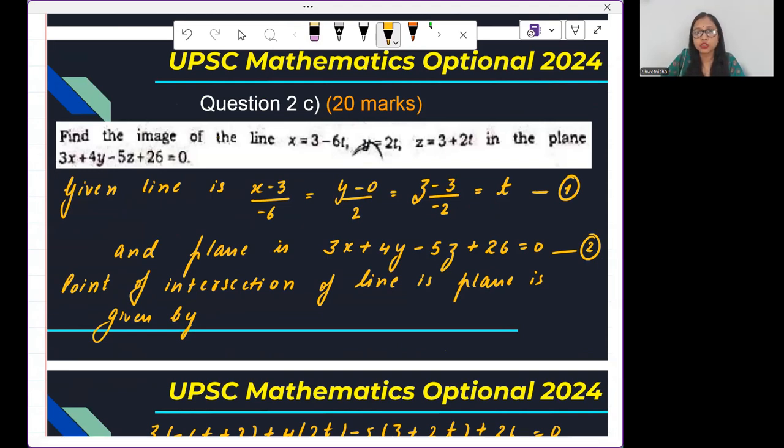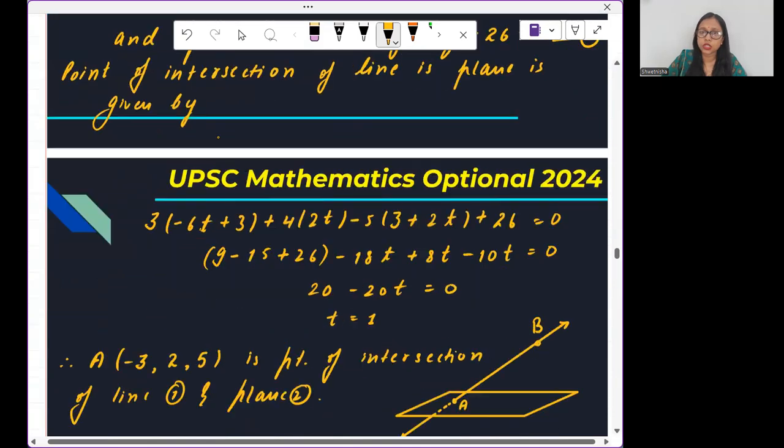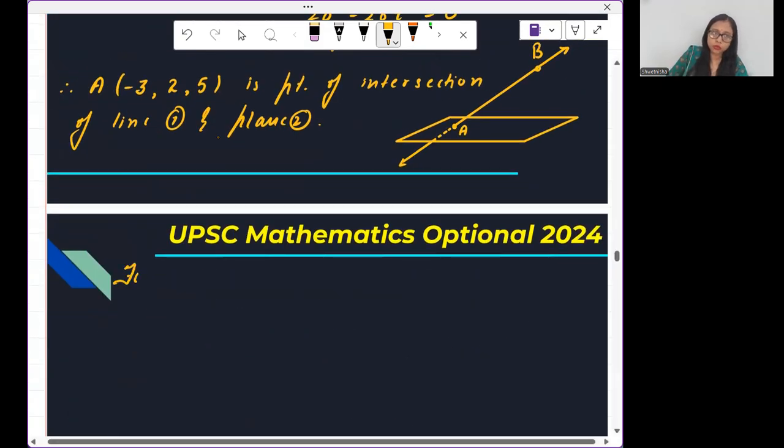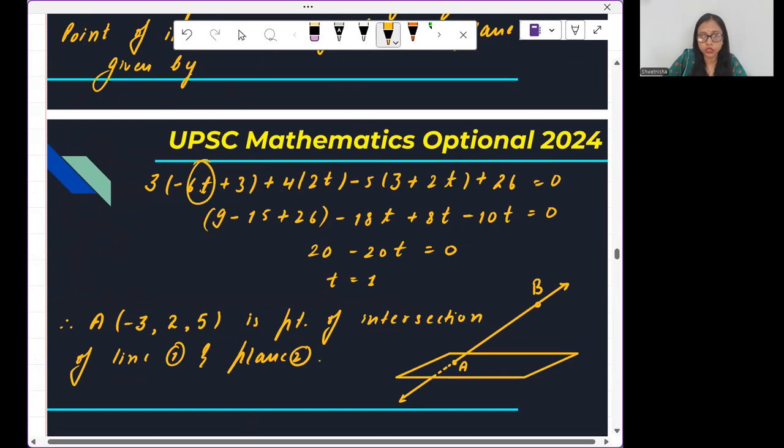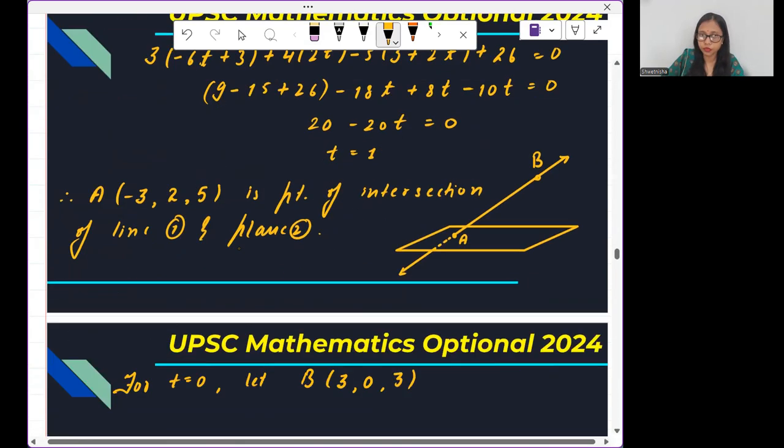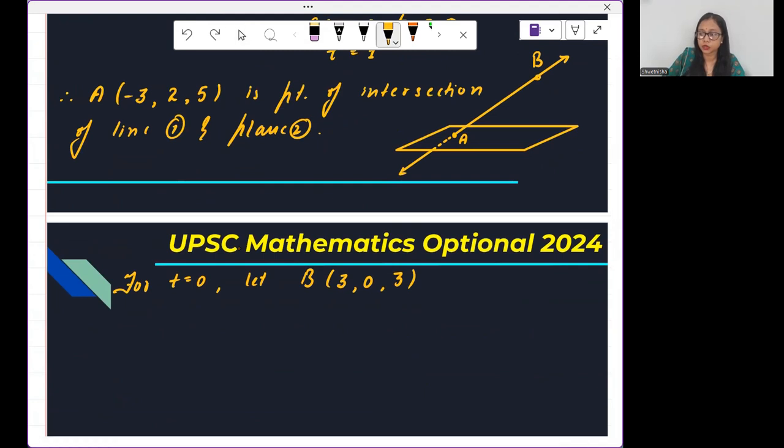I'll take that to be B. So let's make it very easy. Let's take t is equals to 0. So for t is equals to 0, there is another point which is 3, 0, 3. Right? You substitute t as 0. This is gone, and this is gone. So 3, 0, 3. Let B is equals to this.